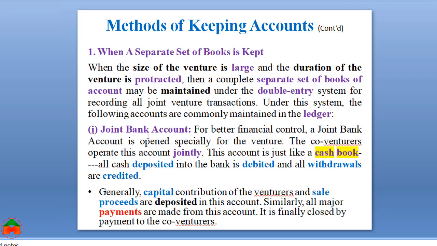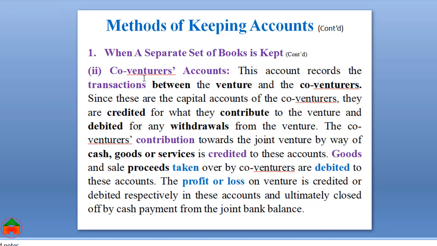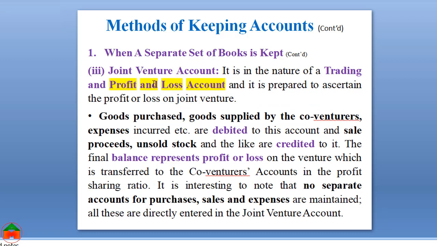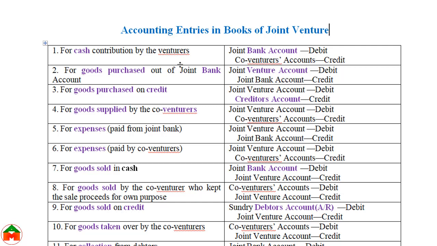The first one is joint bank account, the second one is co-venturers accounts, and the third one is joint venture account. Actually, this is the account or ledger from where you will get an idea about the profit and loss from this joint venture.